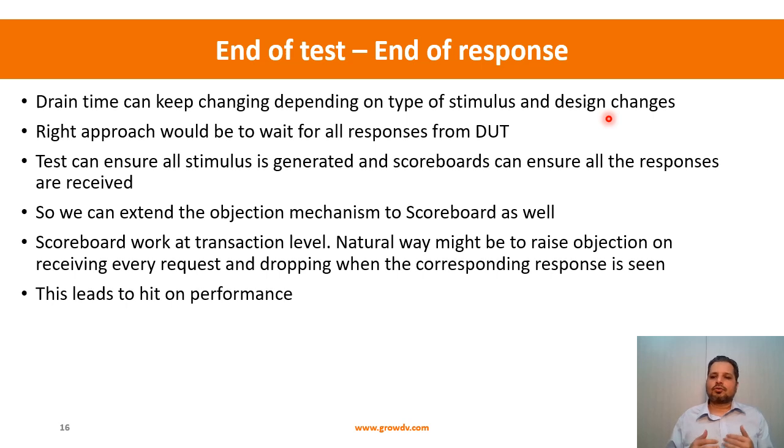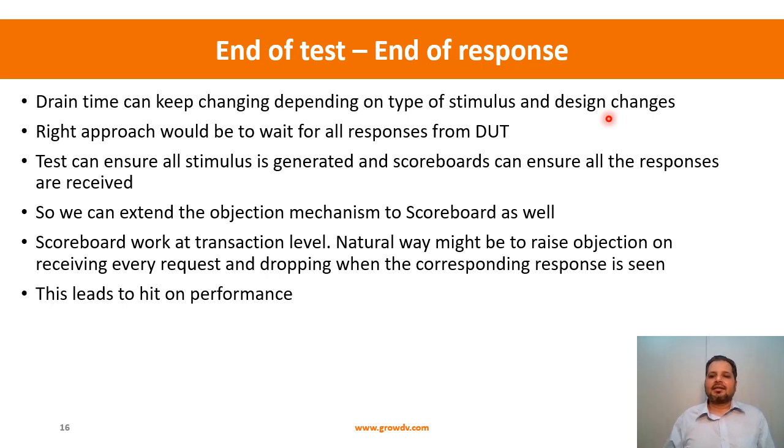So the scoreboard has to do it at a transaction level. The moment it has received one transaction, it can raise, and it can drop when the corresponding transaction has been satisfied. It cannot do it at the level of the entire thing put together. When we do that, the recommendation from the methodology is that it leads to a lot of performance hits.